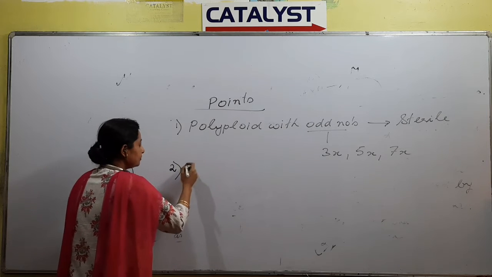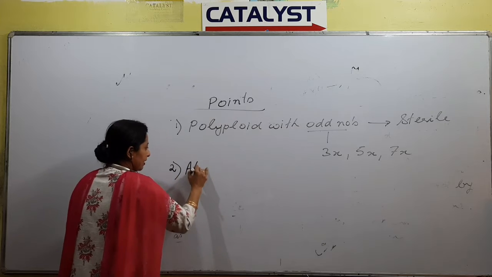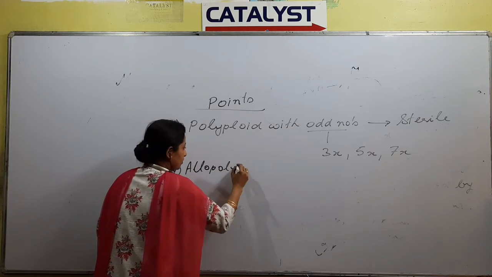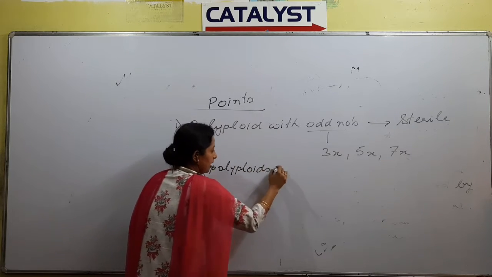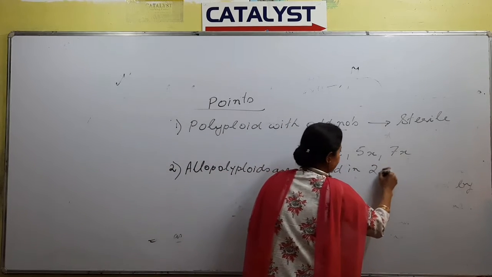Second is how do you make polyploids? Polyploids are formed in two steps.